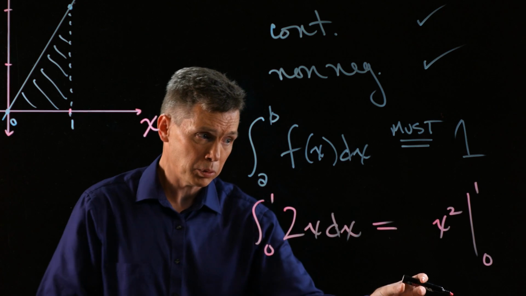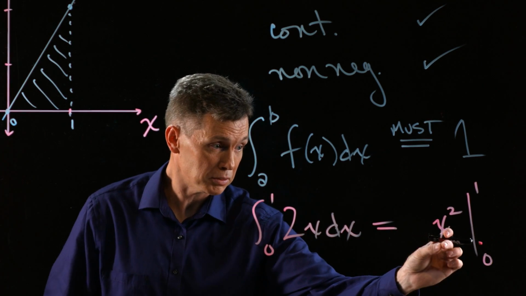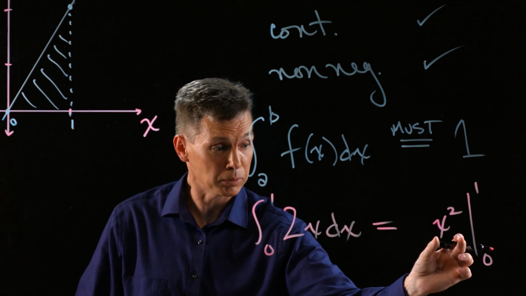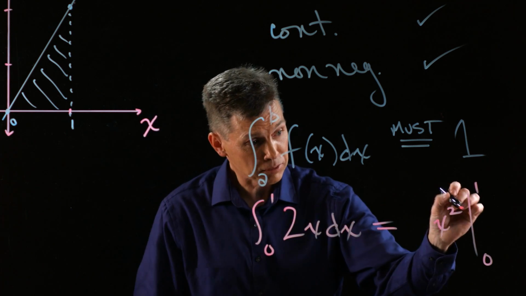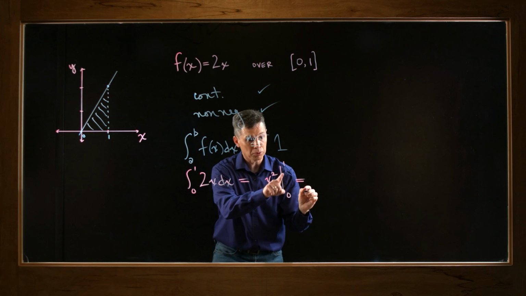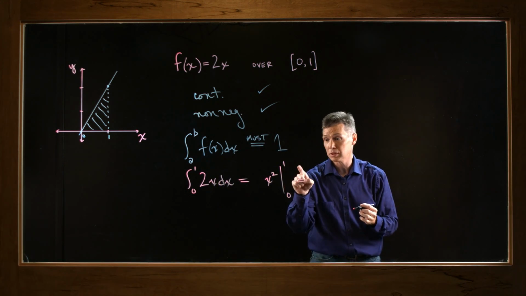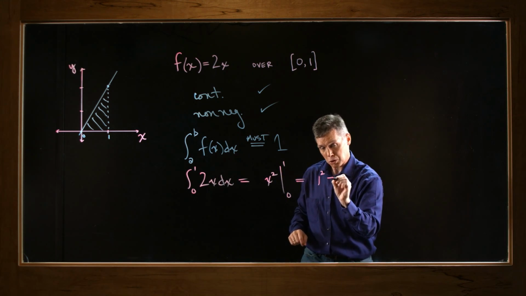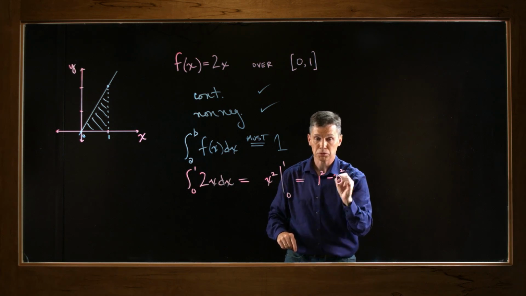Just real quickly with the antiderivative, if it's been a while and you're rusty, go backwards to check yourself: the derivative of x squared is 2x. That's how you can do that one so quickly. Now the definite integral, going from 0 to 1. This is the fundamental theorem of calculus: you put in the upper limit of integration, the 1, for x, and subtract what happens when you put in the lower limit, which is 0 squared.